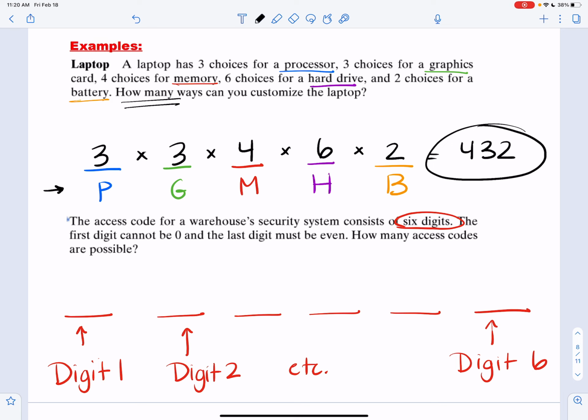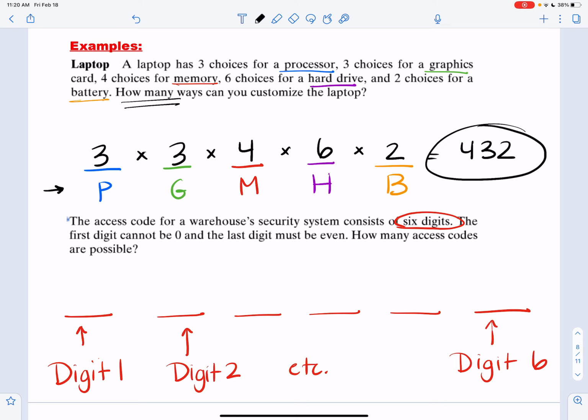This method is also very commonly used when you want to look at possible combinations of letters and numbers. Like if you want to know the number of possible license plates, you could look at 3 letters, 3 numbers. If you want to look at the number of possible passwords or usernames, or in this case, an access code.